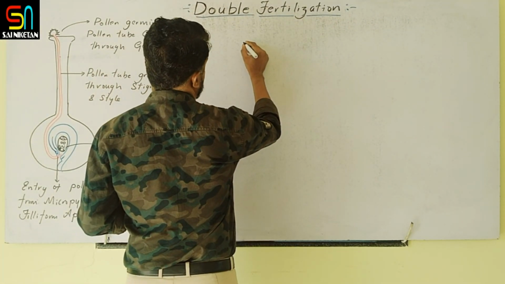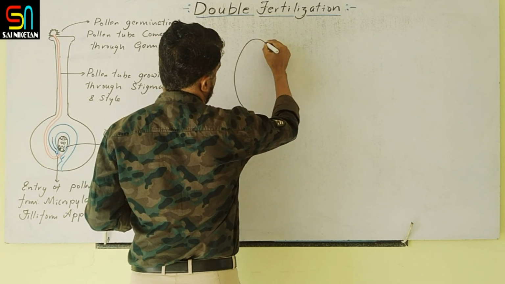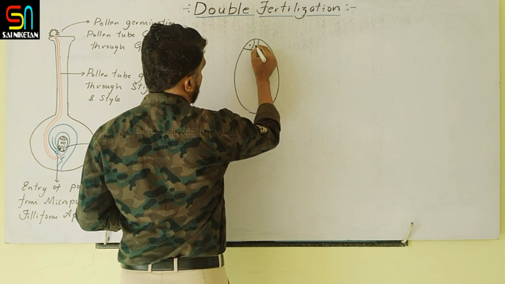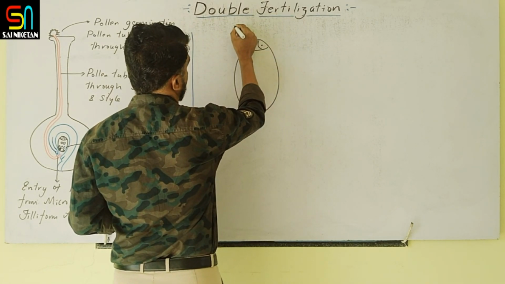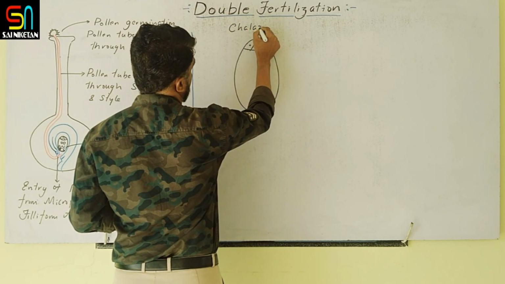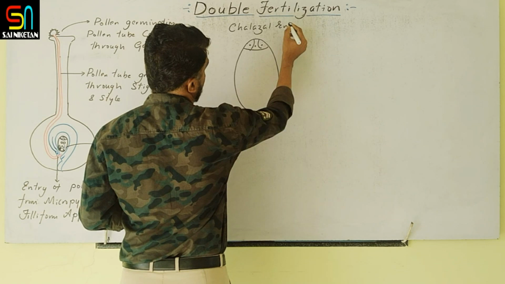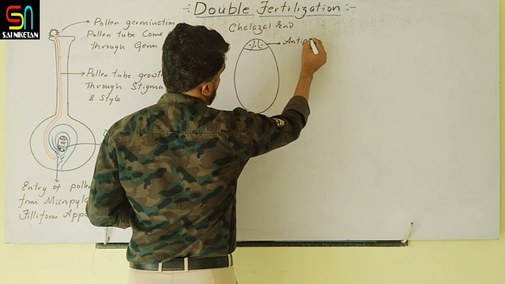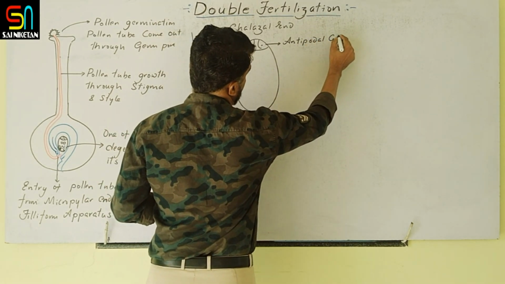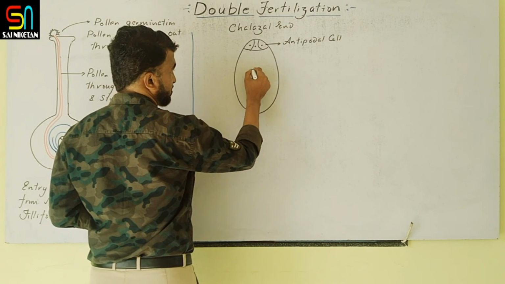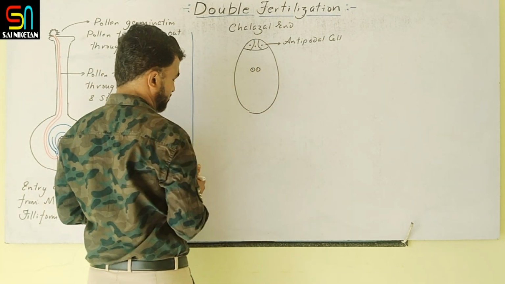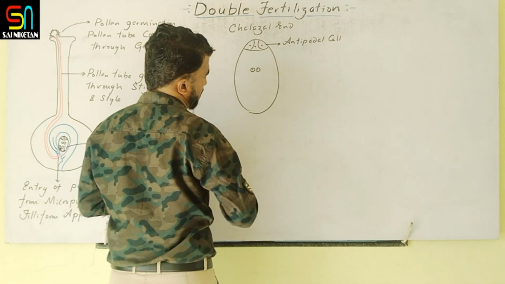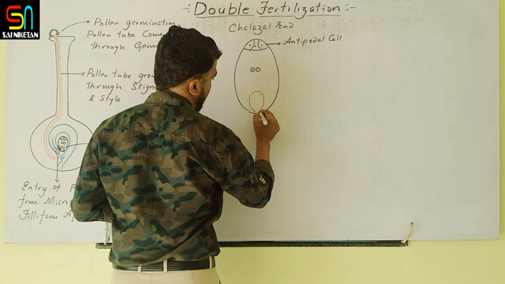So this is the embryo sac. It contains three antipodal cells toward the chalazal end. This is the chalazal end, and these are the antipodal cells. The central cell contains two polar nuclei, and toward the micropylar end, one large egg is there.